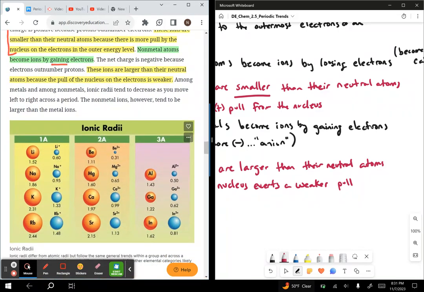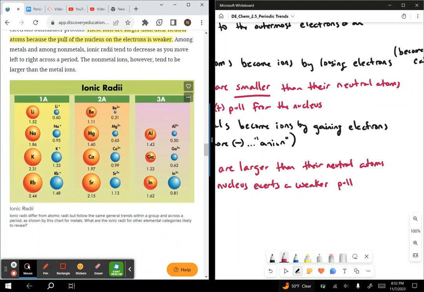And so you have some pictures over here. You can see where you have your neutral atom, and these are your ions. These are in group 2A.